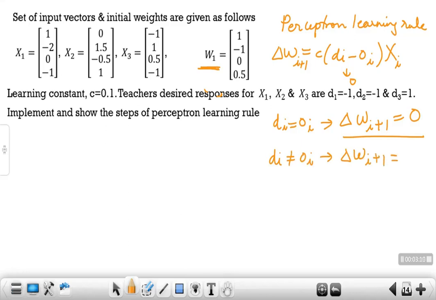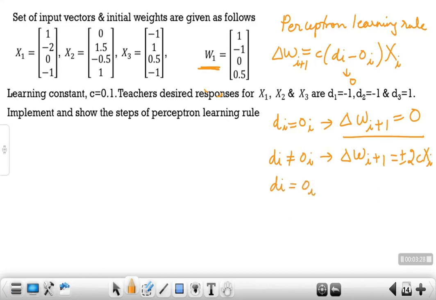And when it is not equal, the update will be plus or minus twice Cxi. So when will it be plus?